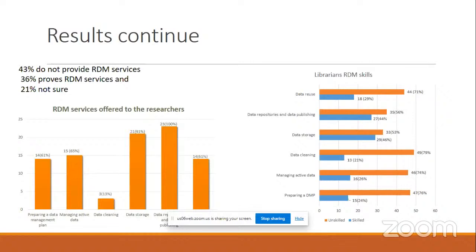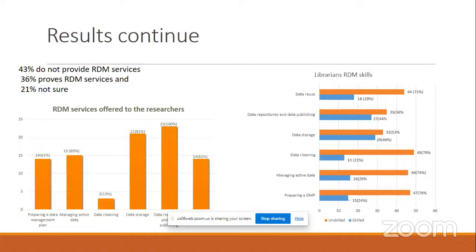The least provided service in terms of research data management is data cleaning. Perhaps there is an assumption that it is the responsibility of the researcher to do the data validation and the data cleaning of their own data set. Looking at the skill set in terms of research data management, it justifies why most librarians do not provide research data management in their respective libraries.